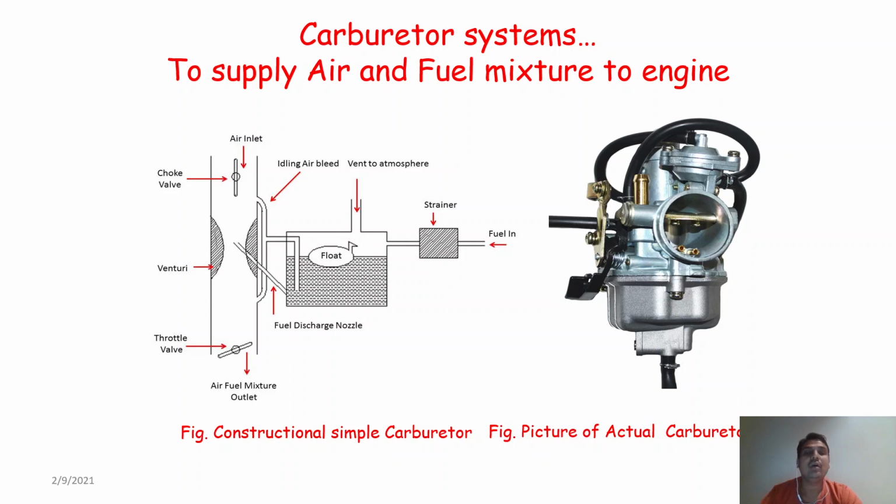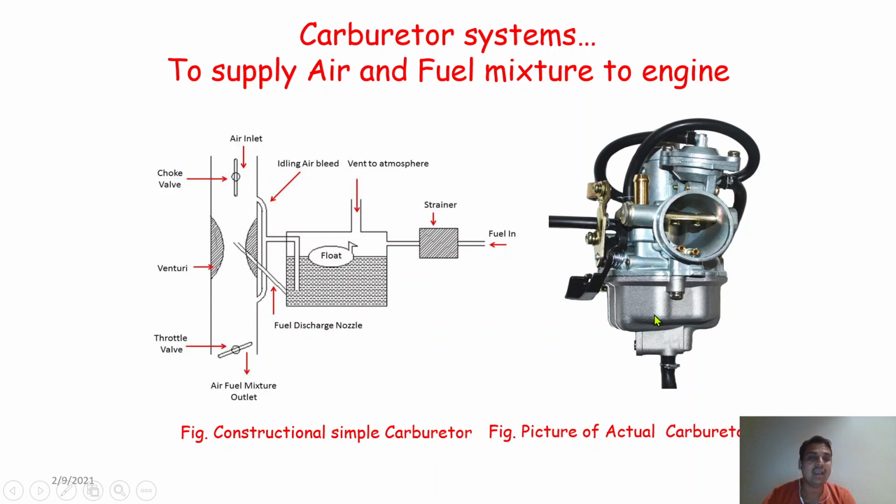If we take the example of a two-wheeler, near the engine there is one more device like this one. Please concentrate on the mouse indicator. Beside the engine there is one device which looks like this.